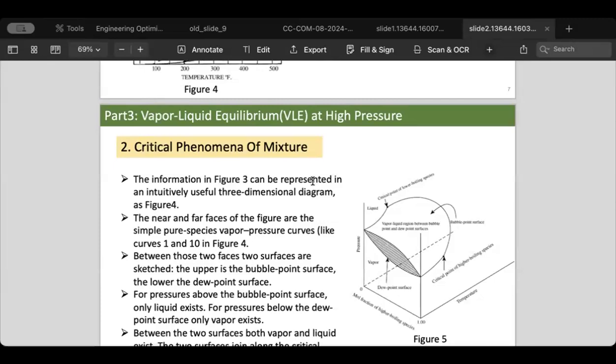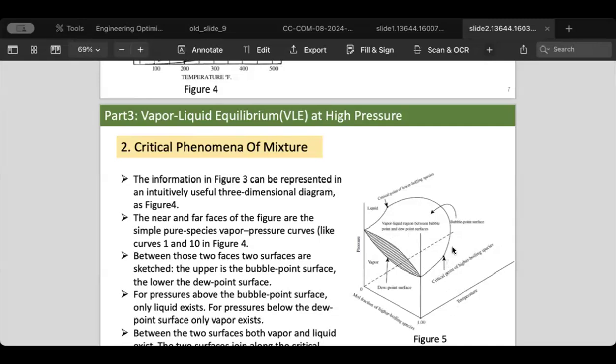At a certain temperature, we slice this right-hand side figure this way, keeping the temperature constant. It's two curves, right? The dew point curve, or dew point surface, is below, and above is the bubble point.